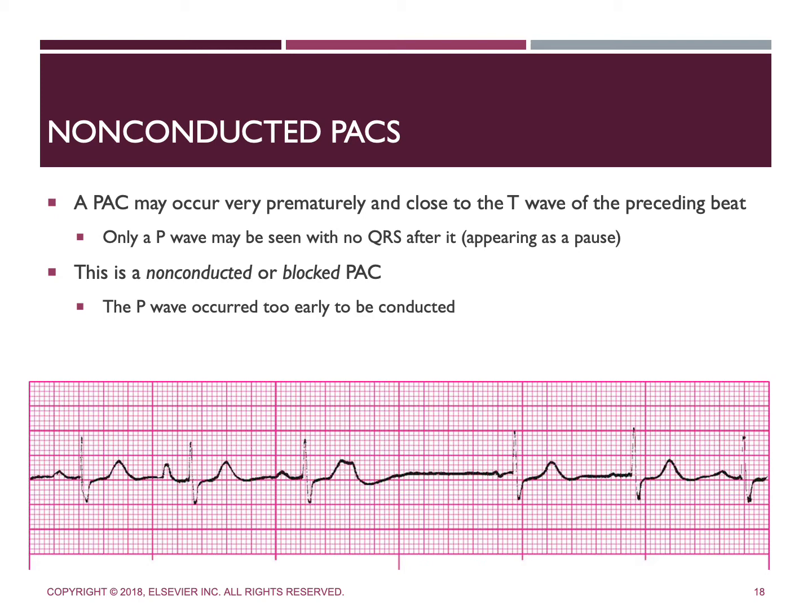Non-conducted PACs occur because the AV junction is still refractory to stimulation and is unable to conduct that impulse to the ventricles. That's why we don't see the QRS complex. So what we can do is look for the early P wave in the T wave of the preceding beat.